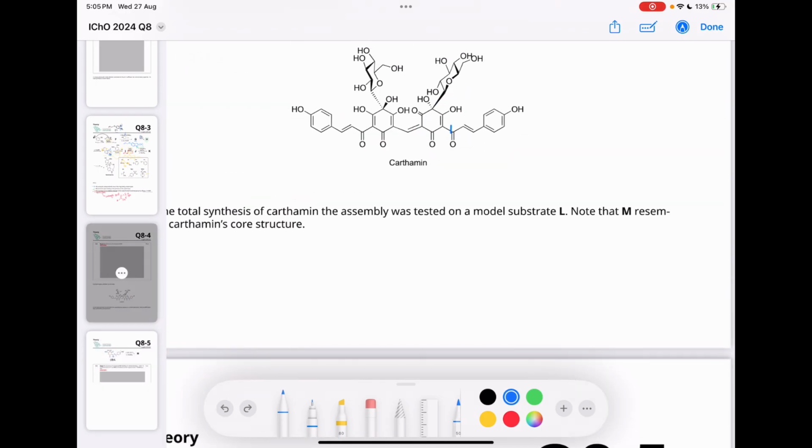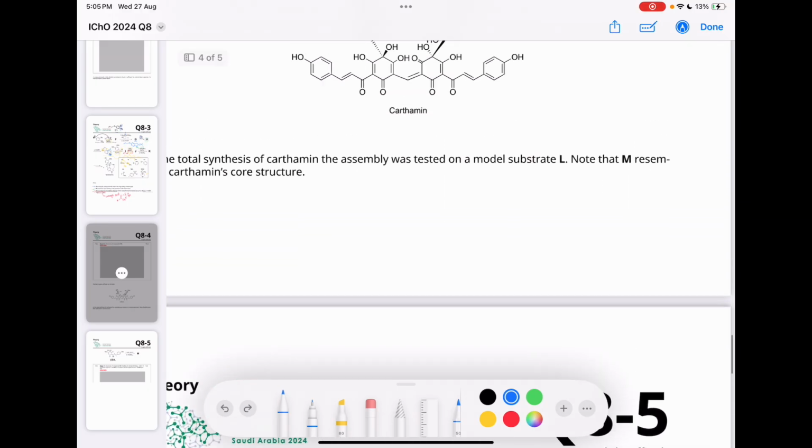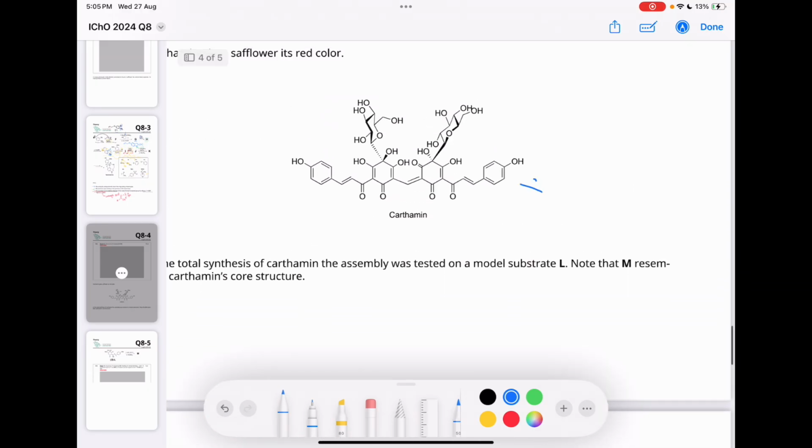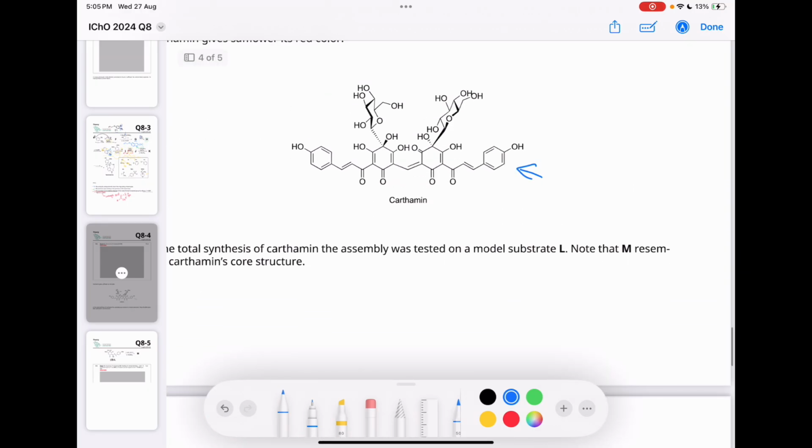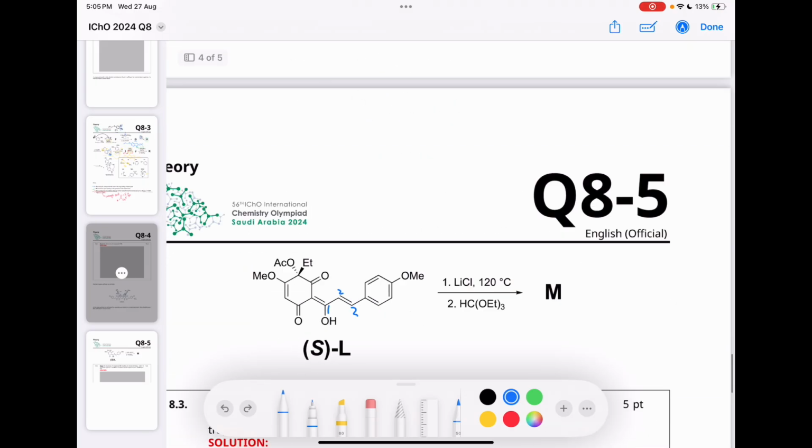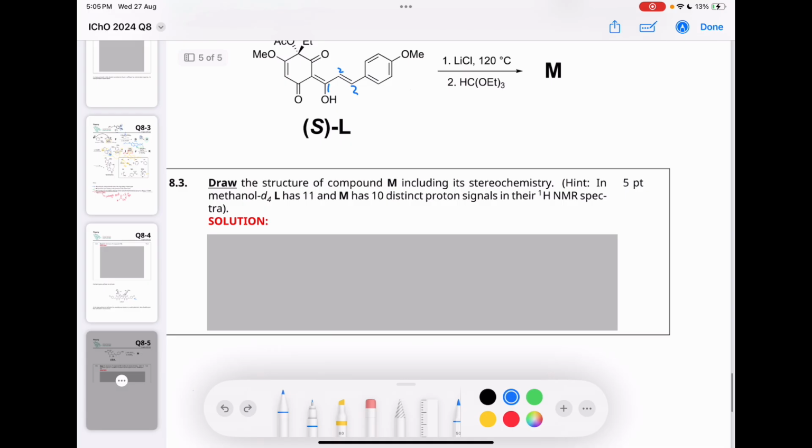So let's just hypothesize that M looks exactly like the core structure here, except for these two groups. That will allow us to draw the following structure.